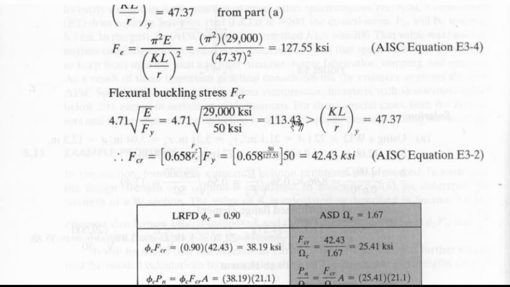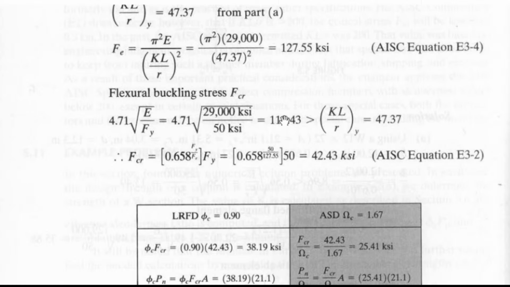The value is 113, because Fy is equal to 50. 113 for that. Okay. That is a constant. You can actually memorize this, 113.42. So, take note, we only have 47.37. Therefore, this is greater. Okay, this is greater.